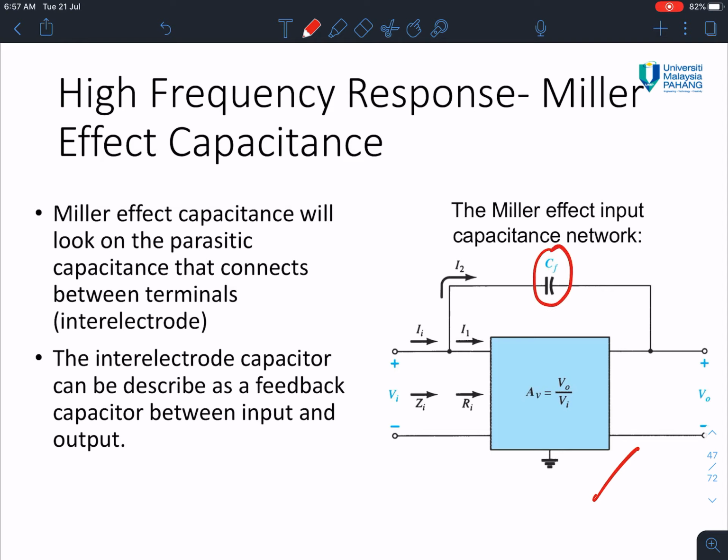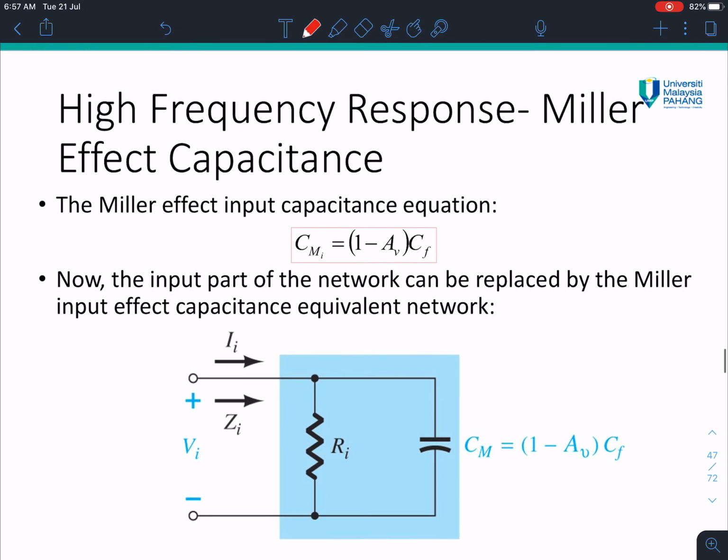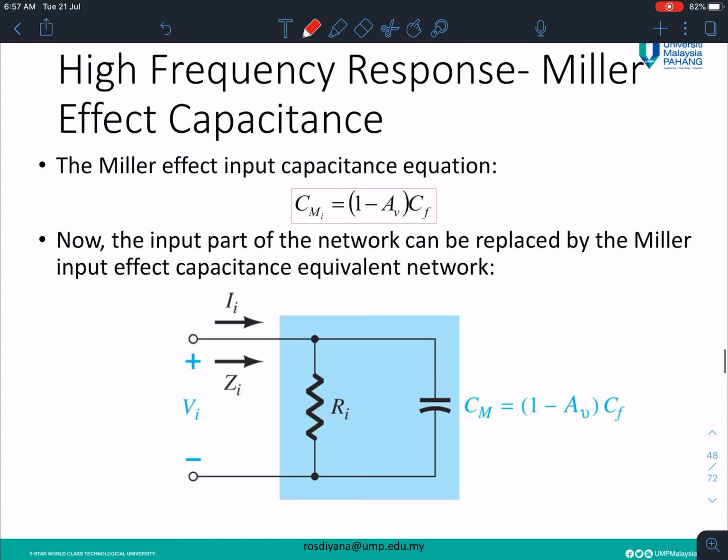This one is for the input. Then the Miller effect input capacitance equation is CMi, or CM in, equal to 1 minus the voltage gain multiplied with Cf.